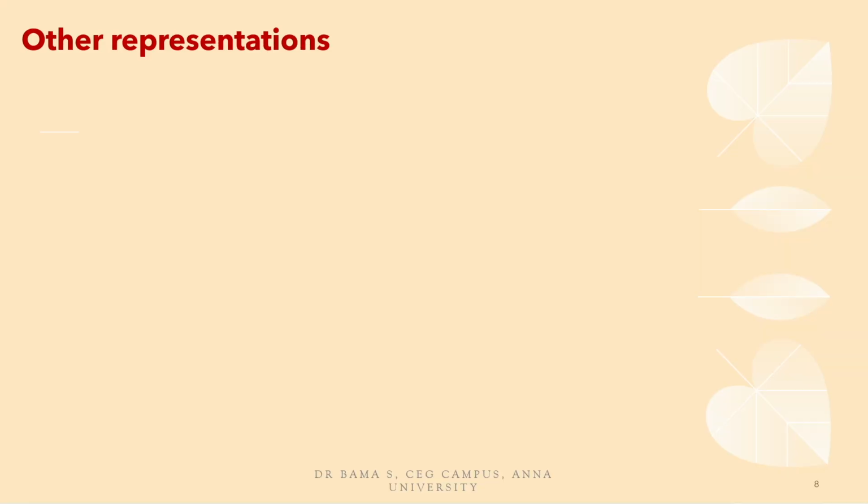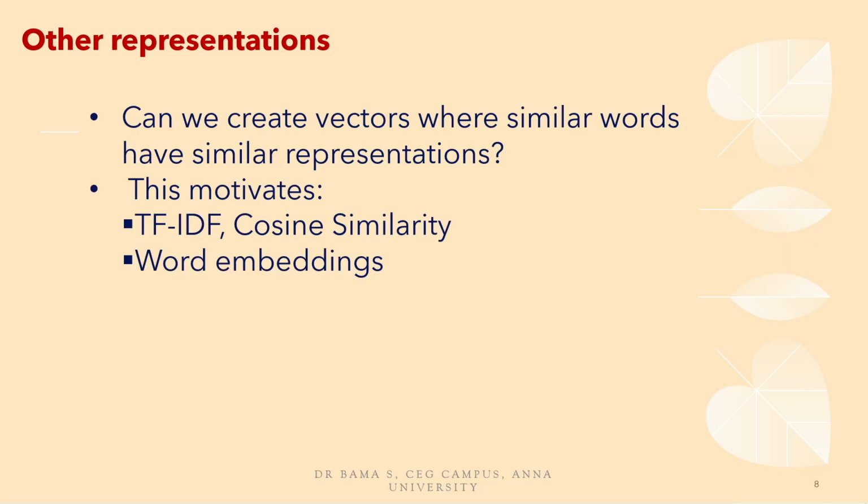So considering these limitations, there is one more representation that we can talk about, which is TF-IDF and cosine similarity. Along with TF-IDF and cosine similarity, there is something called word embeddings.